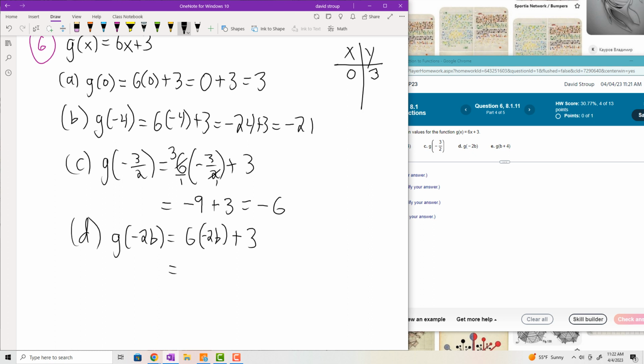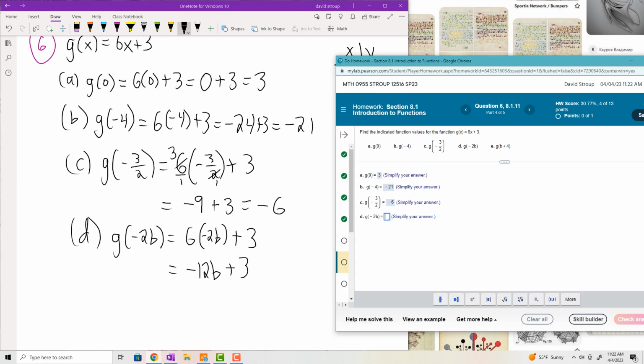So for the first term, you can multiply out the 6 and the negative 2, that would be negative 12, and then you have the b plus 3, and that would be your answer. So you get negative 12b plus 3.